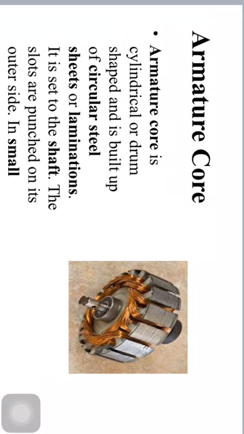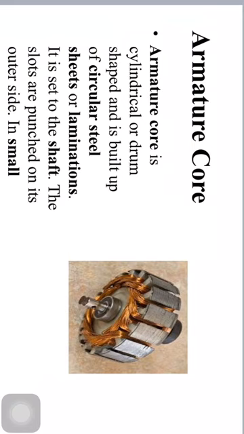We can see all these points in this armature core. It is cylindrical or drum shaped. It is built up of circular steel sheets or laminations, and the slots are punched on its outer side.